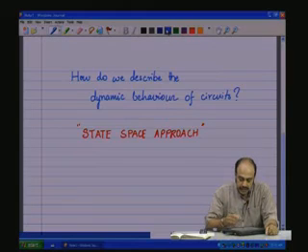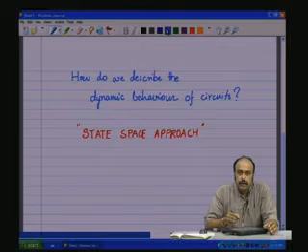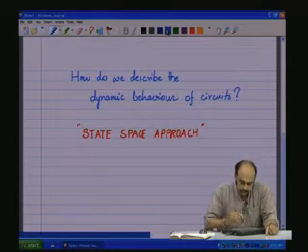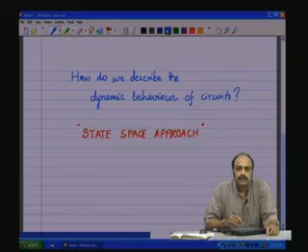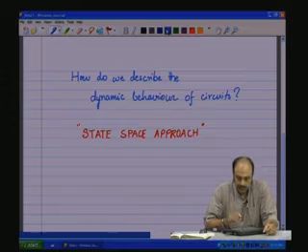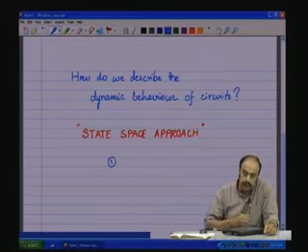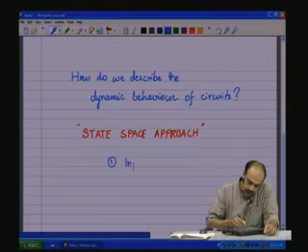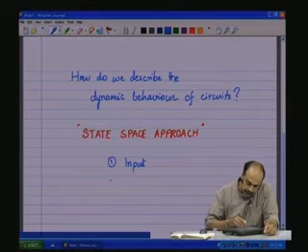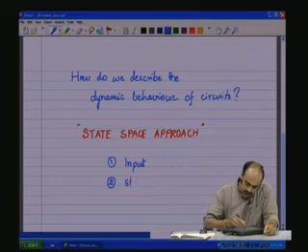So, in the state space approach, the behavior of the system at any given instant is fully defined by two main variables. One is the input and the other the state variables.